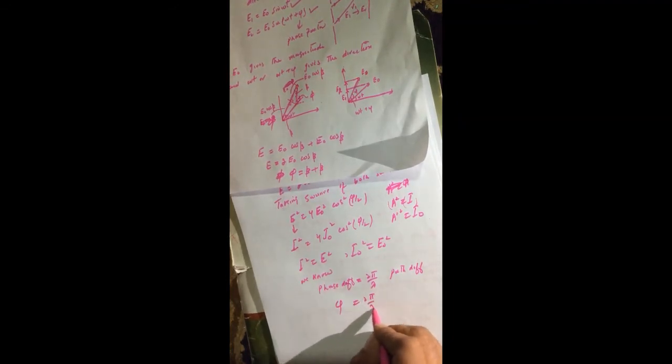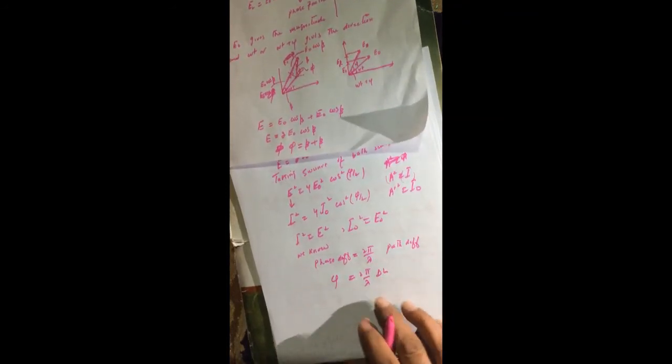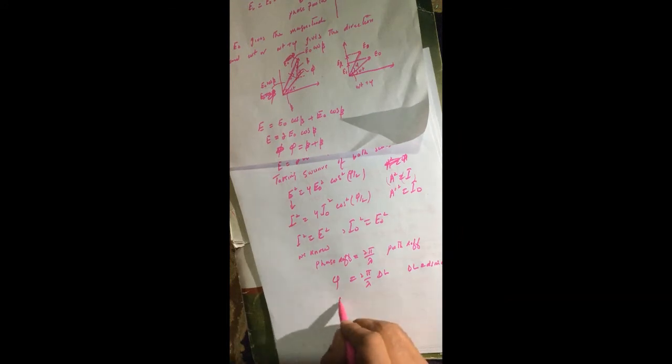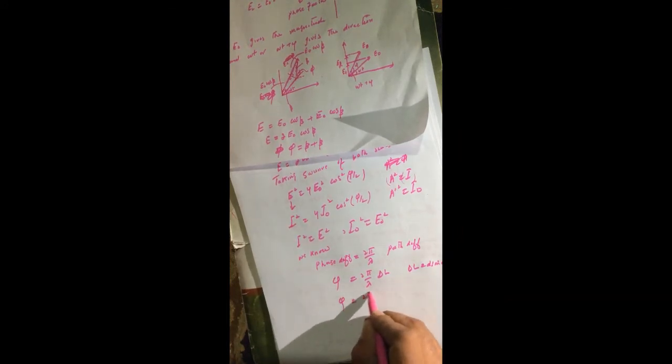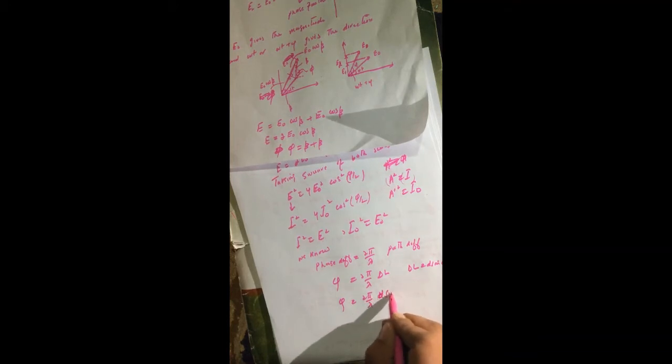Now phase difference we normally represent by phi, which is equal to 2 pi over lambda, and we know that path difference is delta L. But we already know from the double slit experiment that delta L is equal to d sine of theta. So if I put it here, phi will be equal to 2 pi over lambda d sine of theta.